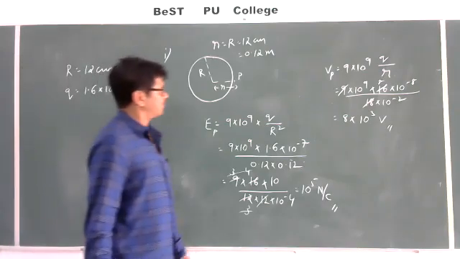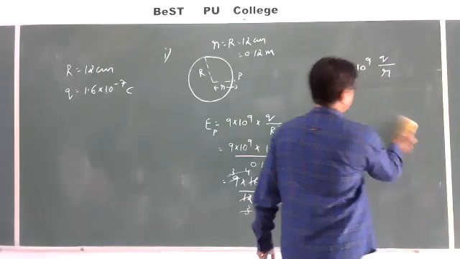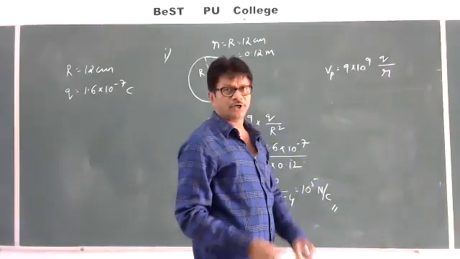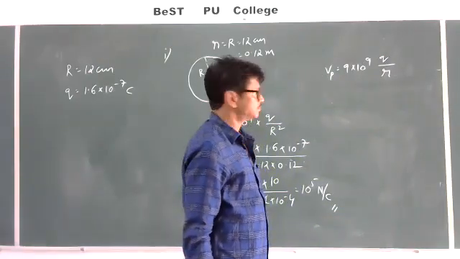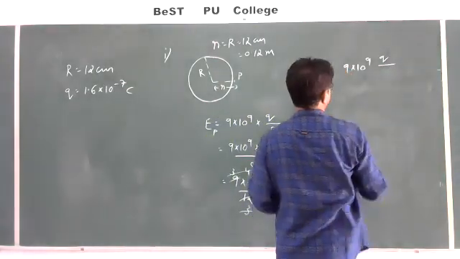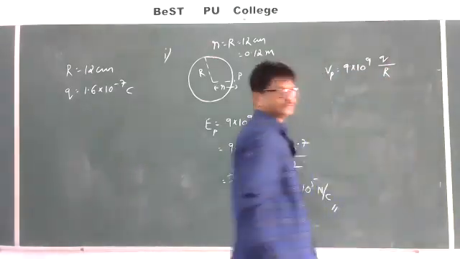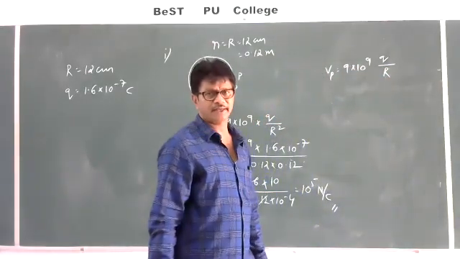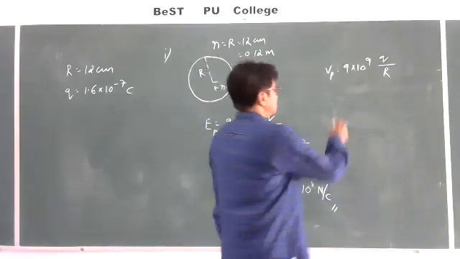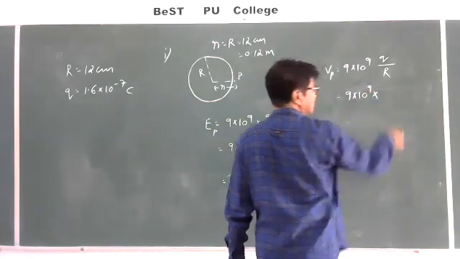Similarly, the electric potential now. Vp is equal to 9 into 10 to the power of 9 Q by capital R, I should take, which is equal to 9 into 10 to the power of 9.